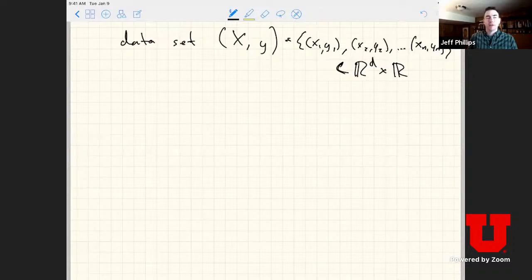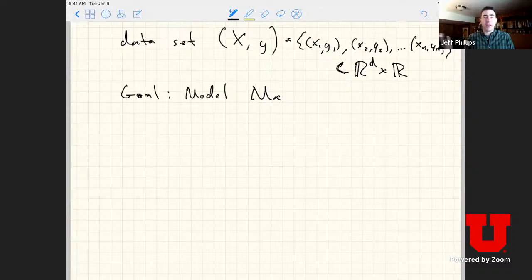In this case, it's going to be the regression problem. So the goal is a model M_alpha from some family of models with some k parameters.